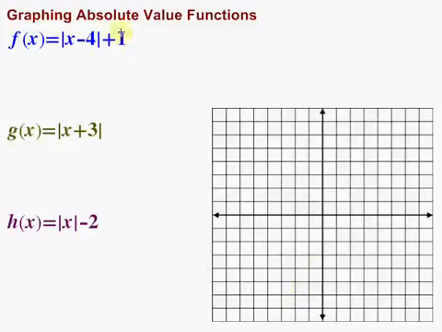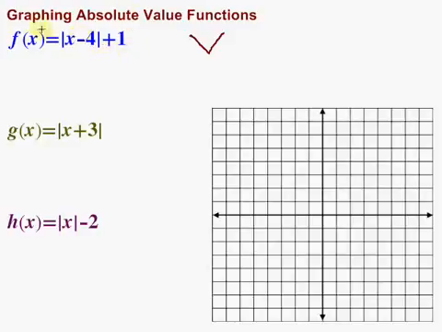Well, in order to get the true shape of an absolute value graph, we need to know the vertex, because remember, the shape of an absolute value is always in this V shape. So if we don't know where the vertex is, we're just going to have one part of it, which isn't a true representation of what the graph is. So we need to be careful and make sure that we get that vertex included.